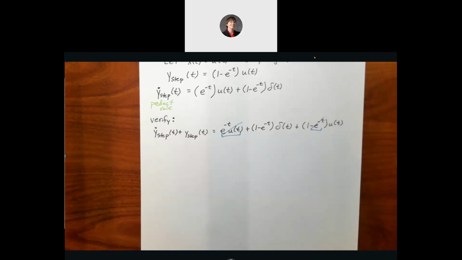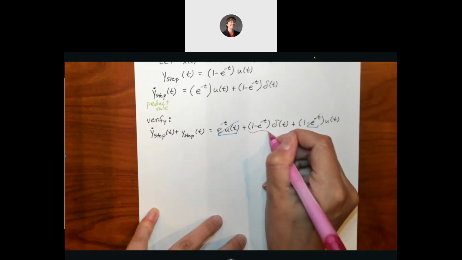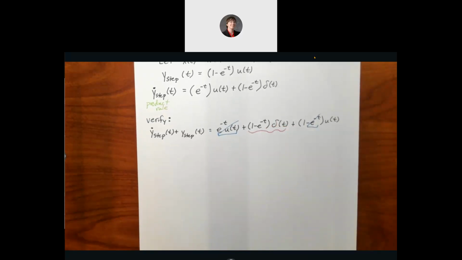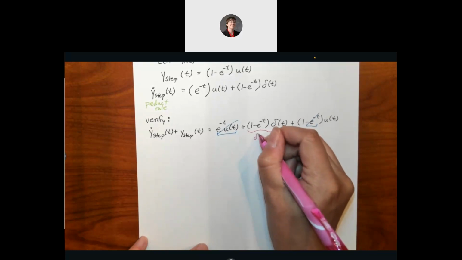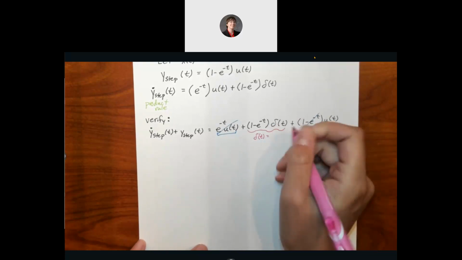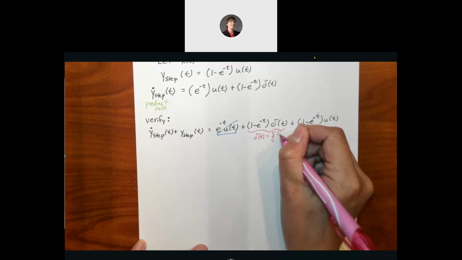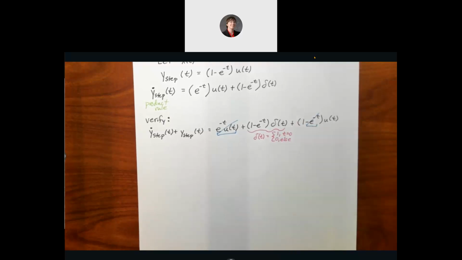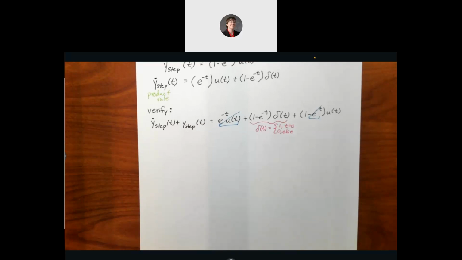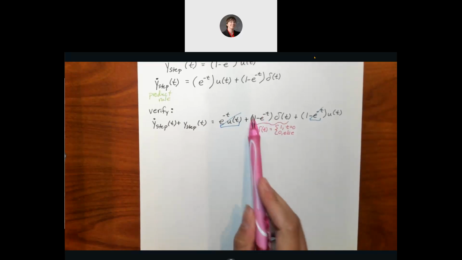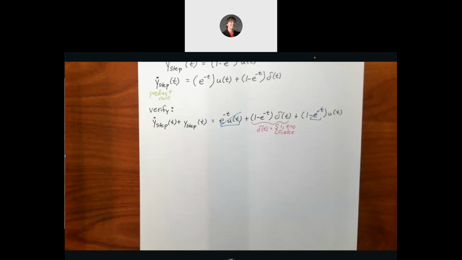And then for this part, we know that delta of t, by our definition, is 1 when t equals 0, and 0 everywhere else. So what that means is that this delta is going to cancel out all of the values for this signal everywhere except where t equals 0.